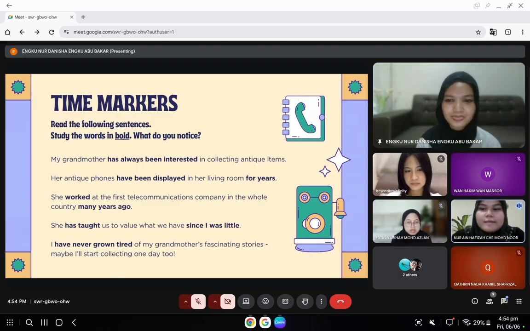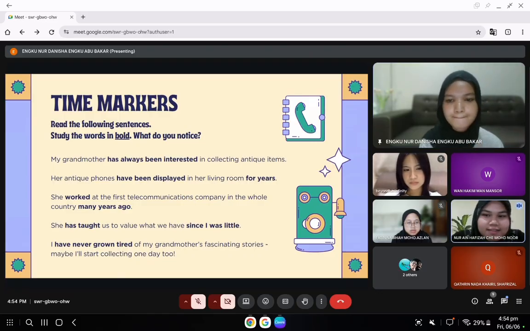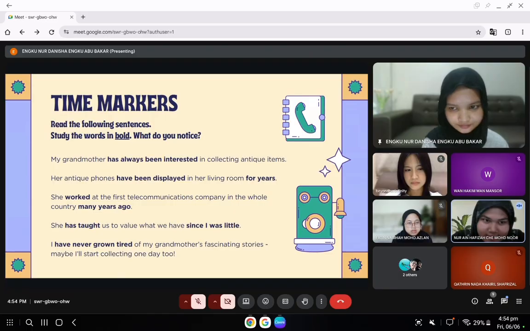Do I have to read all the sentences or how many sentences? You can just read like two sentences. Yes. So the first sentence is, my grandmother has always been interested in collecting antique items. The words in bold are has always been interested.